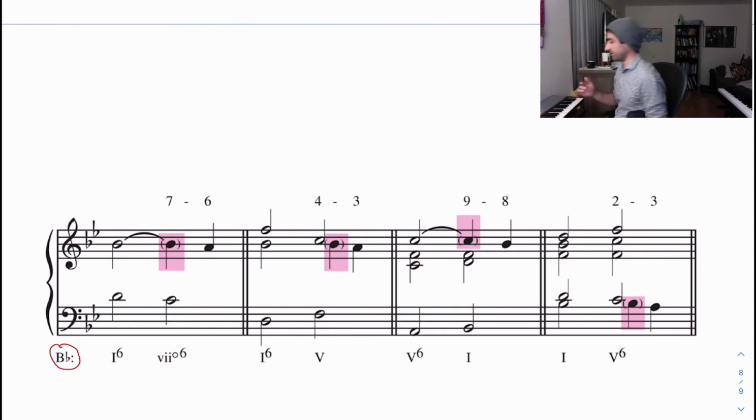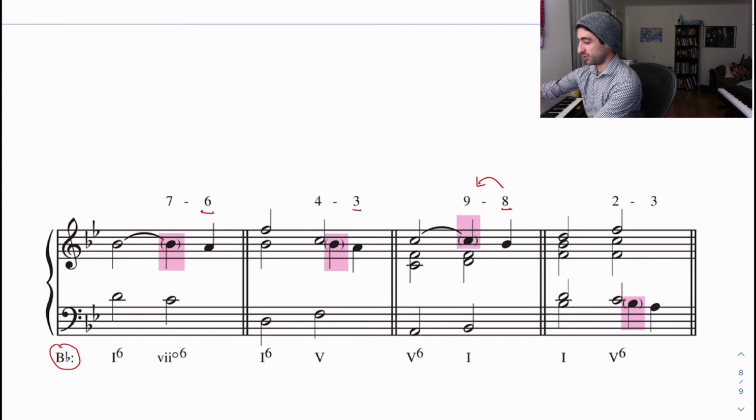It's over an octave. And now what I was talking about, sometimes the suspension is in the bass, and in that case the numbers change a little bit. If you think about them, all of the numbers of the resolutions are smaller than the suspension, right? 9, 8, 4, 3.